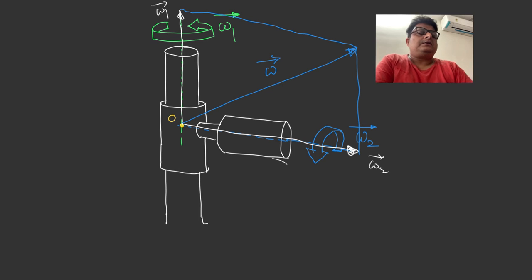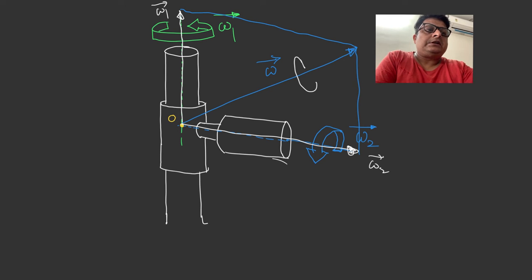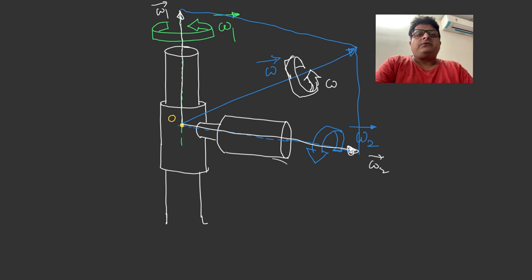That was a brief explanation of why finite angular displacements are not vectors while infinitesimal angular displacements are, and hence angular velocity is also a vector quantity.